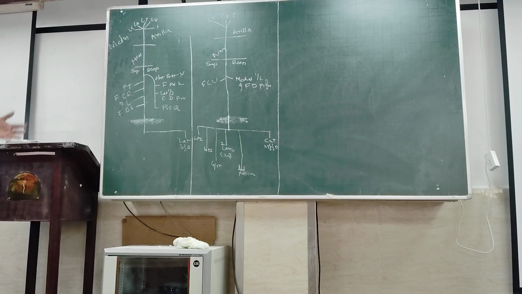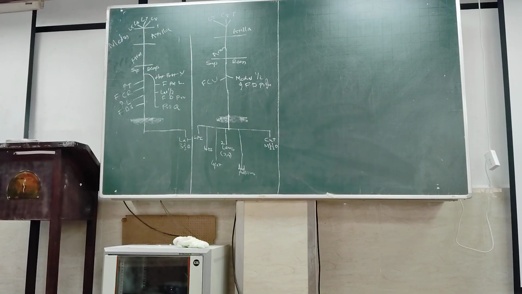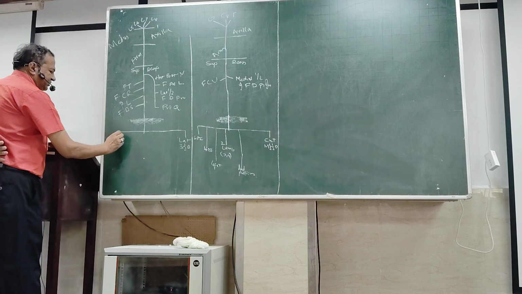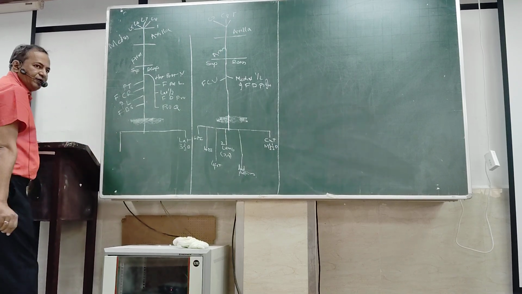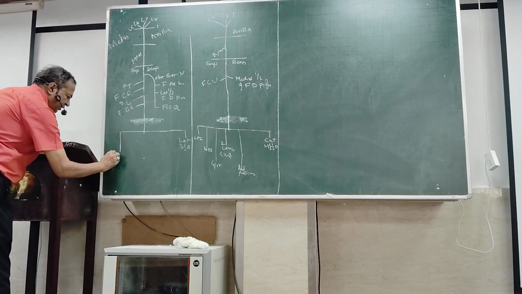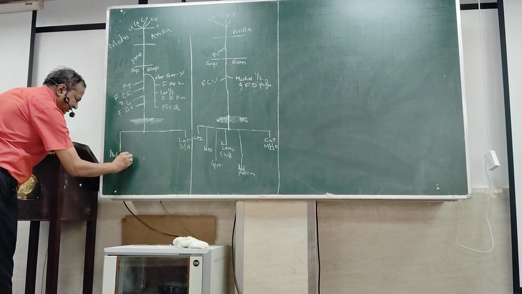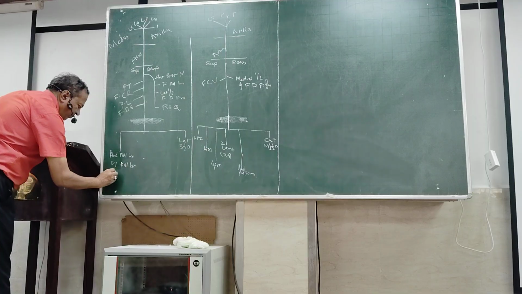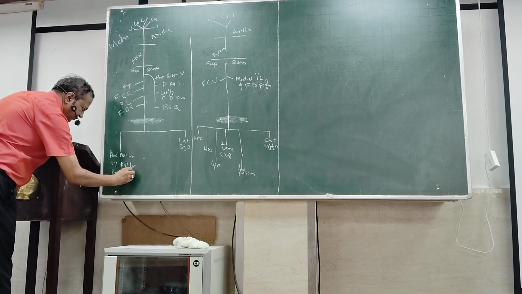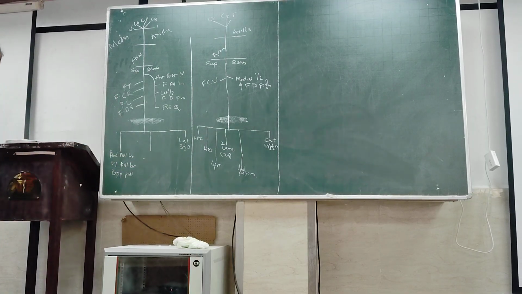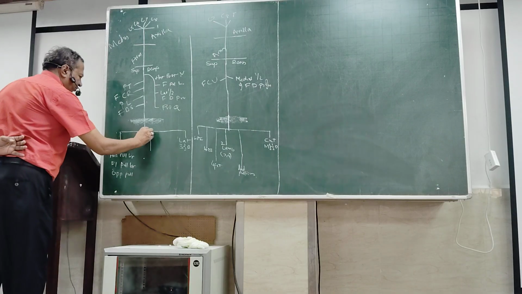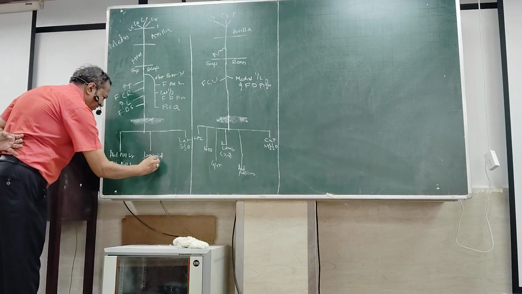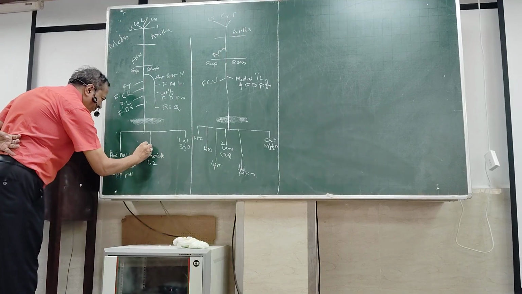Now going to the median nerve. Of the thenar muscles, it supplies 3: abductor pollicis brevis, flexor pollicis brevis, opponens pollicis, and lumbricals 1 and 2, so 2 lumbricals.